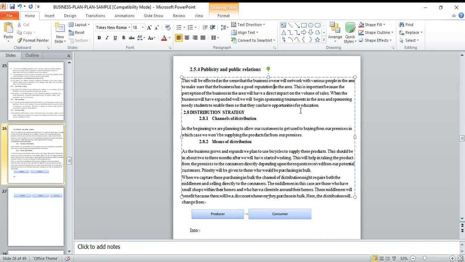This is important because the perception of the business in the area will have a direct impact on the volume of the sales.